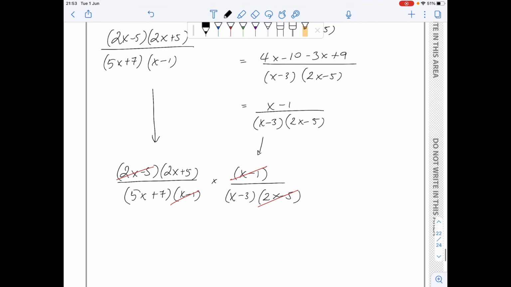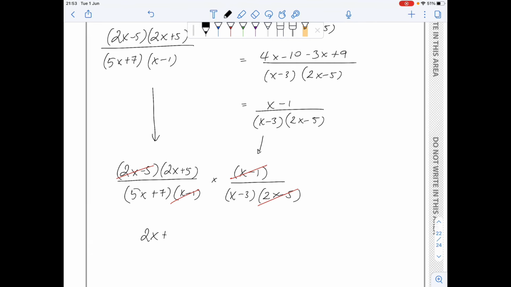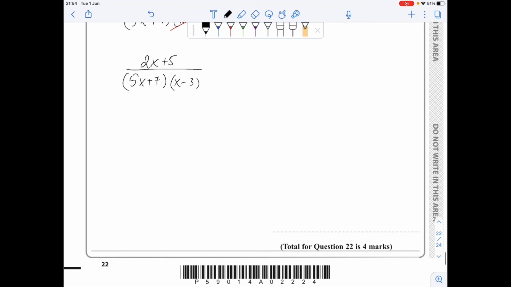So I am left with (2x + 5) over (5x + 7)(x - 3), and nothing else simplifies. So this is my final answer. Now you can expand the denominator if you want, but there is no need. I'm going to leave it like this.